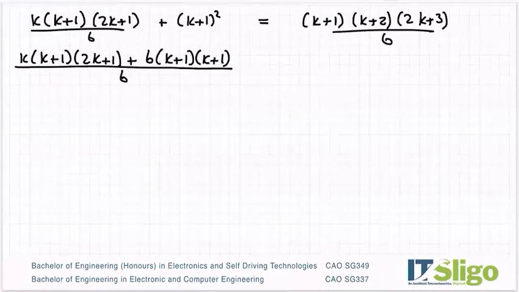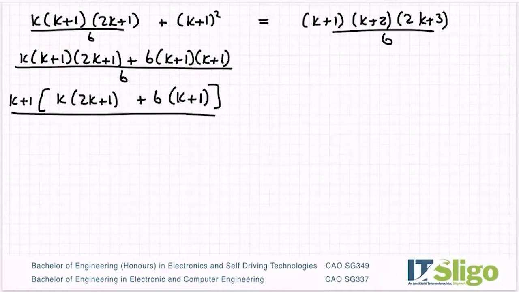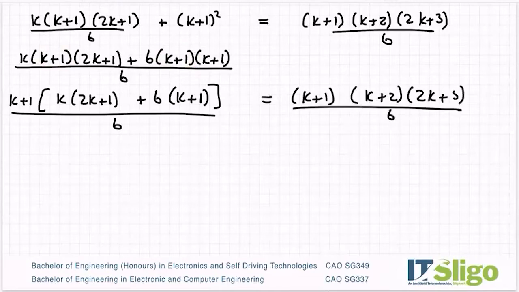You can actually multiply out both sides. What I'm going to do, I think, on this one is factor out the k plus 1, because that appears twice. Okay, so I'm left with k times 2k plus 1 plus 6 times k plus 1 there, all over 6. And I have a k plus 1 there already. That's why I factored it out. And then I think I'm going to multiply the rest of it by each other.